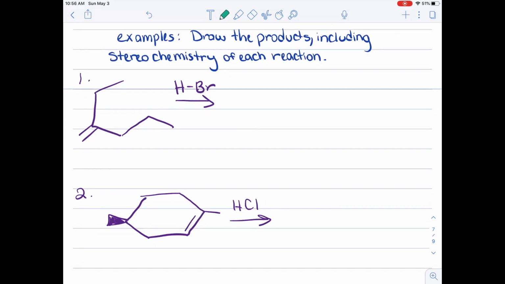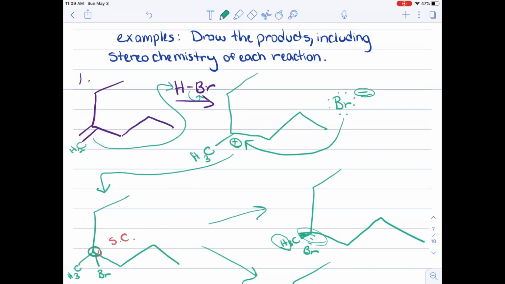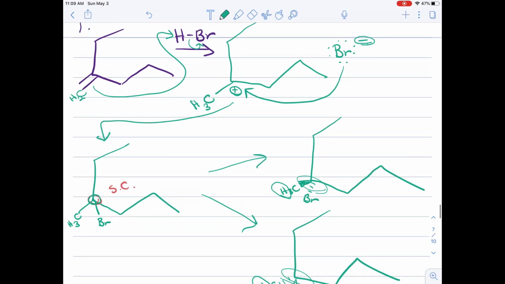Okay, so now that we went through all of this, let's look at some examples. I gave you guys some tricky problems, so let's go through the first one. Your double bond takes away the hydrogen, and the electrons expel onto bromine, and now you have a tertiary carbocation formed.